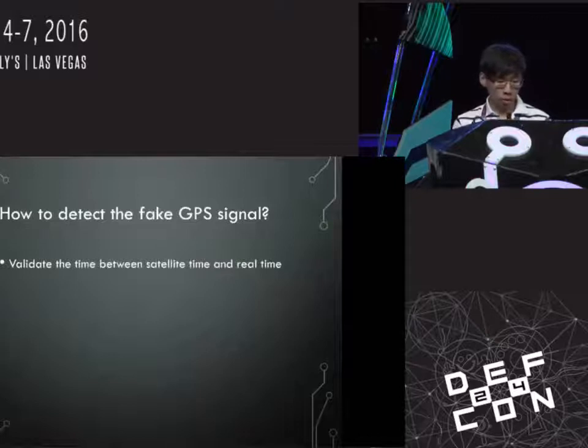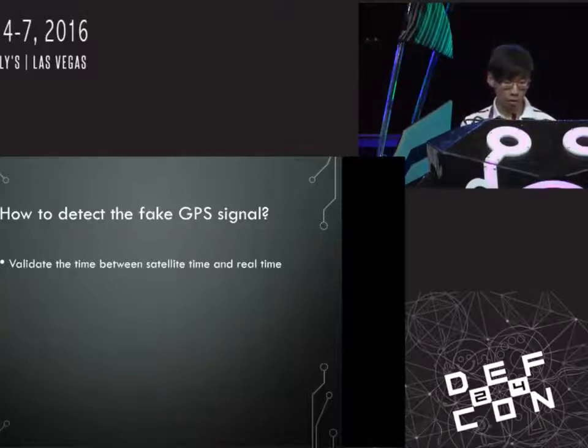When you record and replay the GPS, you can check the time. You can check the difference between satellite time and the real time, because if you record and replay, the time will be wrong. So this is another way to detect the fake GPS signal.